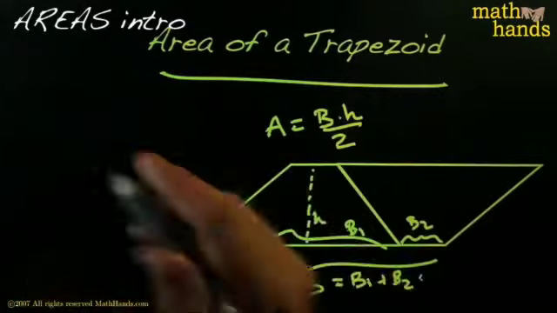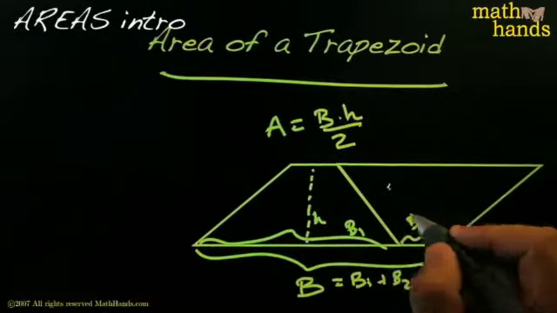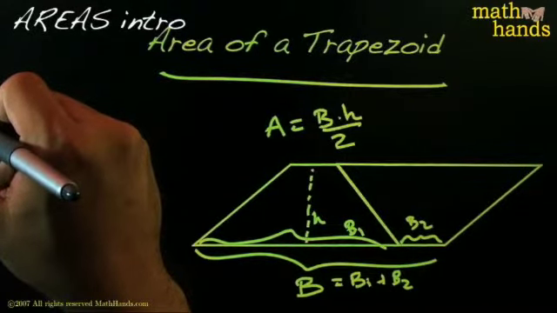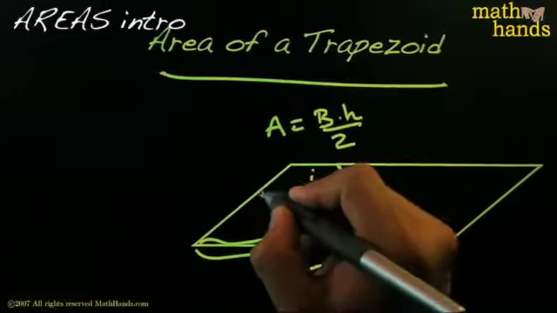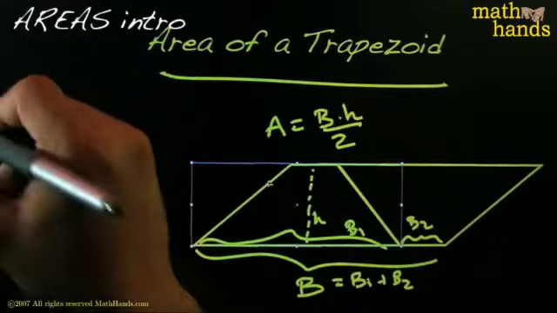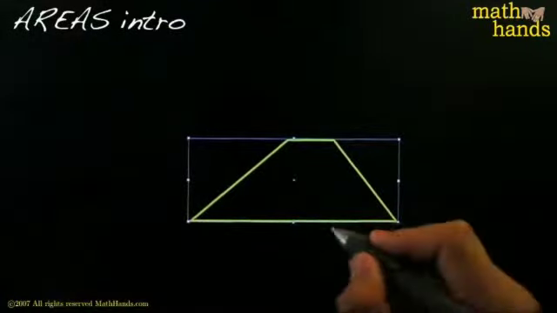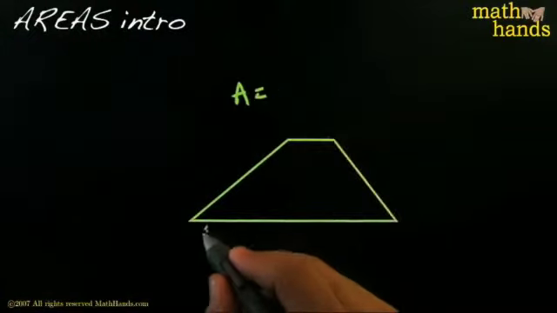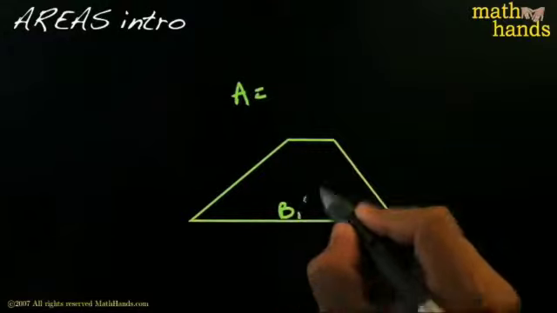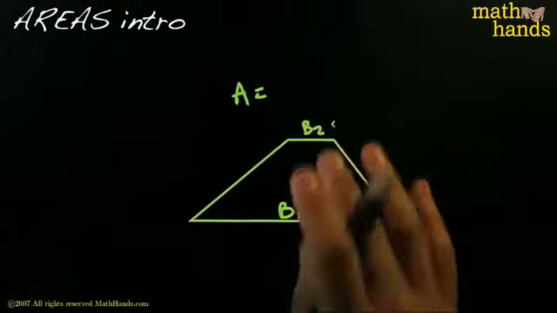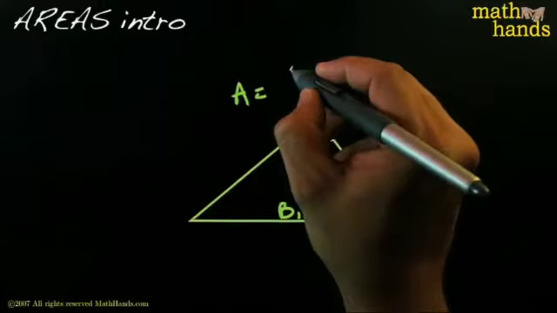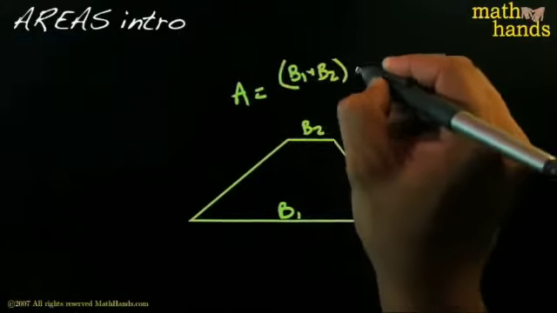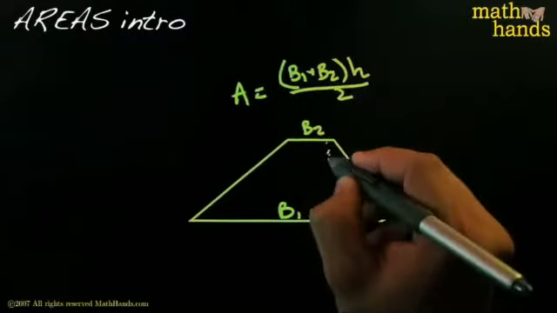So then I go back here and I can conclude something very, very important and very, very famous, namely, what can I conclude? If I call this B1 and this B2, the two bases, then the area is equal to B1 plus B2 times the height divided by 2, where this is the height.